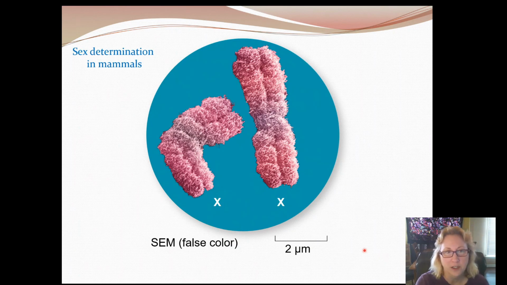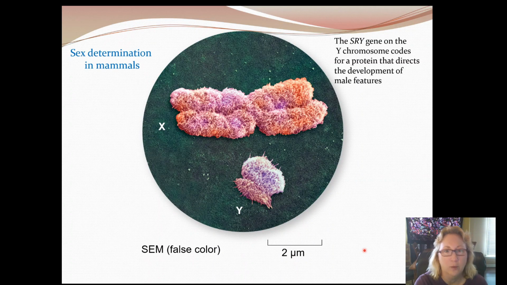So we talked about sex chromosomes a little bit already. Almost all individuals who are XX are female, and almost all individuals who are XY are male, and that's due to the activity of a specific gene on the Y chromosome during embryonic development. The SRY gene is on the Y chromosome. The Y chromosome is the smallest human chromosome.